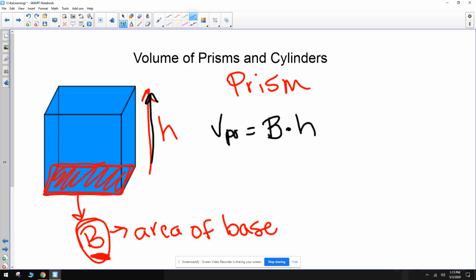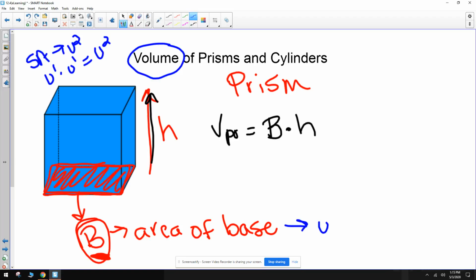One more thing I want to point out with volume, one of the differences, is with surface area or any type of area, we always put units squared on our answer because we're usually taking one dimension, 1 inches times another inches, and together that's inches squared or units squared. But for volume, we're doing something a little different. The area of a base, since it's area, is going to give me units squared. And then I have my height, which is just going to be like 4 inches or 4 units.